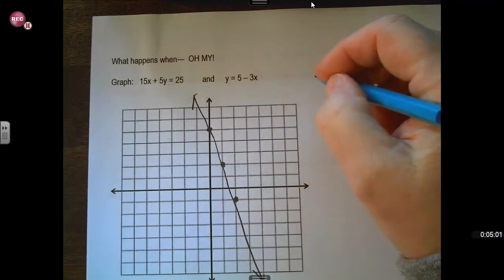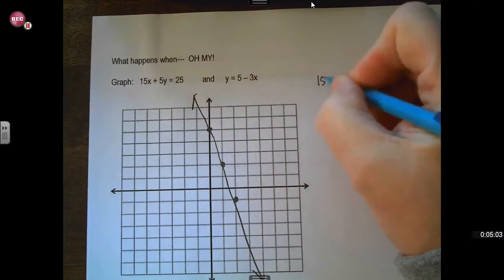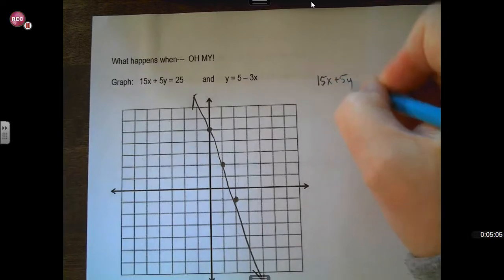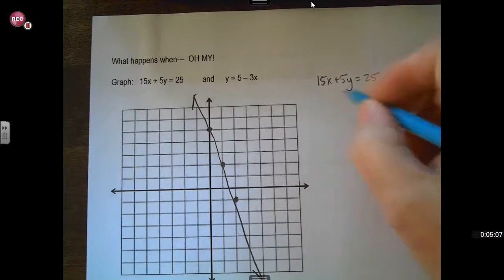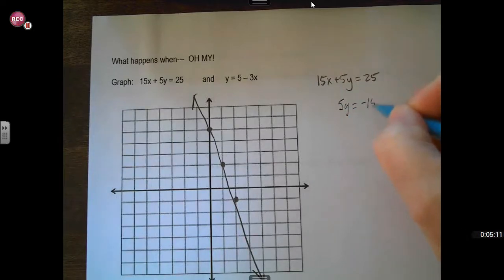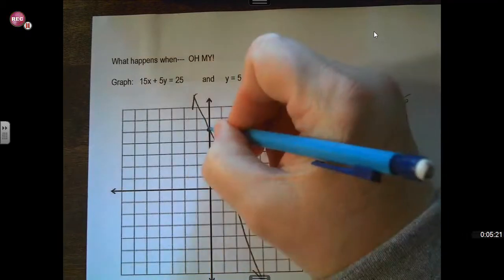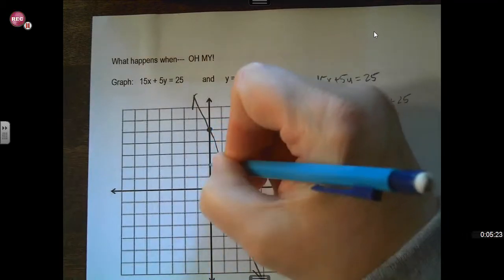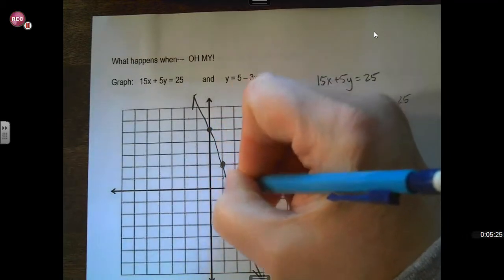With the 15x plus 5y equals 25, I'm actually going to put this in slope-intercept form. I'm going to subtract 15x from both sides and then divide everything by 5, and I get negative 3x plus 5. I go to graph this, and what I notice is that it's the exact same line.